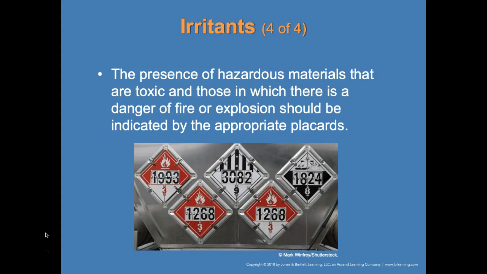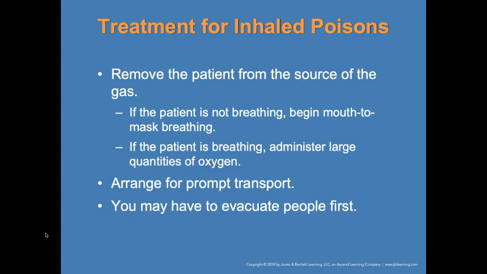Most of the places that you might go to that have these types of chemicals will have placards up like this. Able to use those numbers to find out what chemicals are present there. All right, so the treatment for inhaled poisons is going to be remove the patient from the source of the gas.